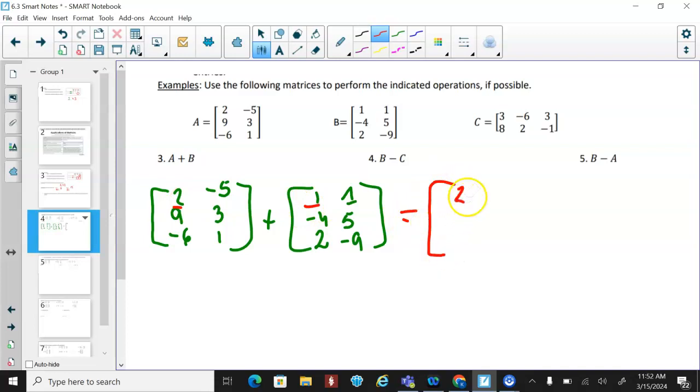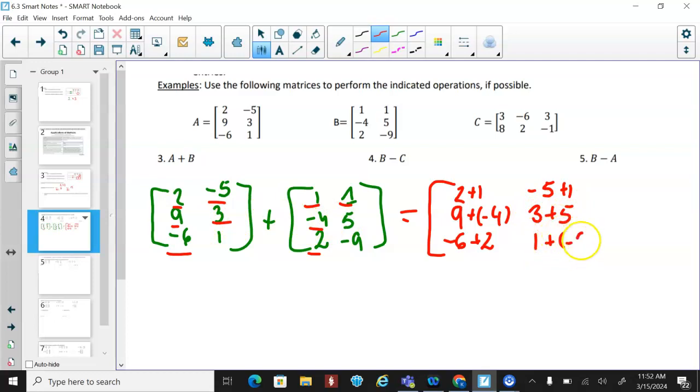Okay, so 2 plus 1, 9 plus -4, -6 plus 2, -5 plus 1, 3 plus 5, and 1 plus -9.